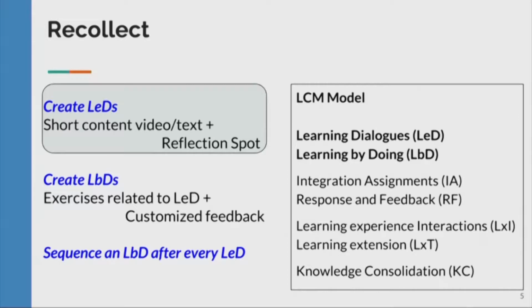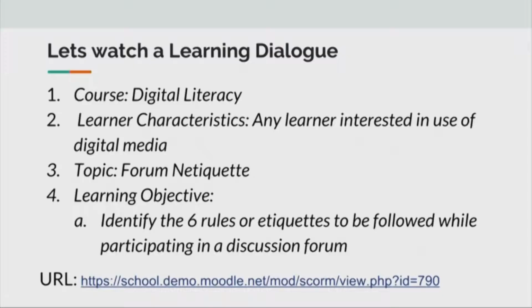In the first half an hour to 45 minutes, we'll focus more on LEDs. We'll focus on how to create an LED, we'll explore how to put in a reflection spot, we'll look at some guidelines or best practices, and we'll also see one technology solution for creating LEDs.